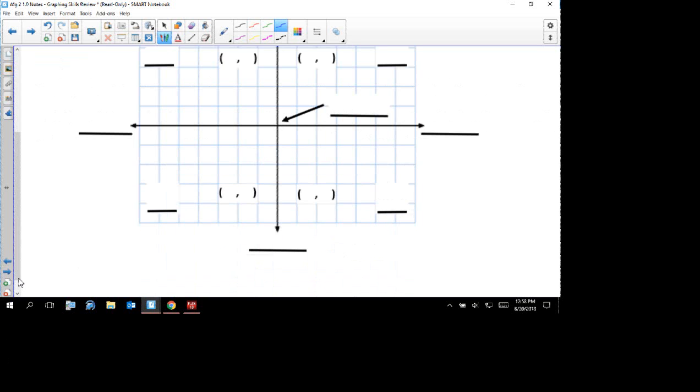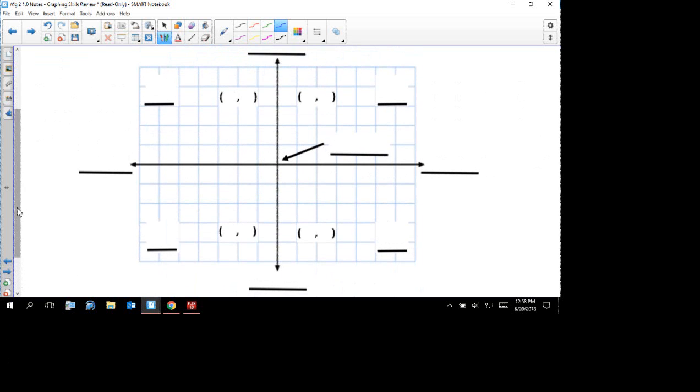Okay, so on this picture, we're just going to label pieces of information. This middle point, right in the middle, what is that called? The origin, and I'm going to also write 0, 0 there. Okay, and then I'm going to label the quadrant.